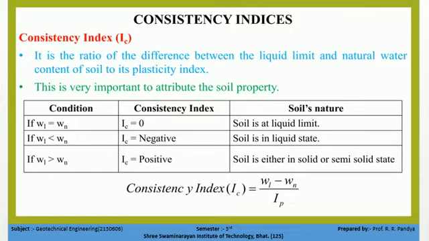At that time, the soil is at its liquid limit. Second one: if the liquid limit is less than the natural water content, then the consistency index will become a negative value. The nature of the soil is still in liquid state.